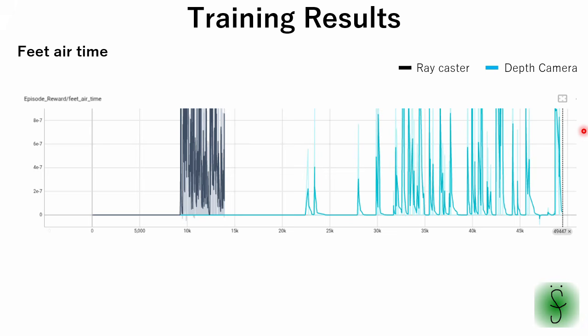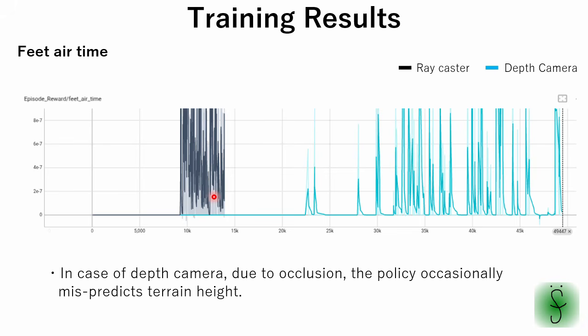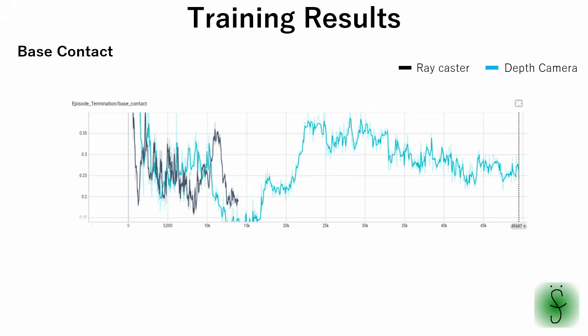From the feet airtime graph we can say that the policy learned with Raycaster provides a cleaner and a more compact policy. This is because in case of depth camera, due to occlusion, the policy occasionally mispredicts terrain height. This tendency is also present in the base contact termination graph. But it improves gradually.